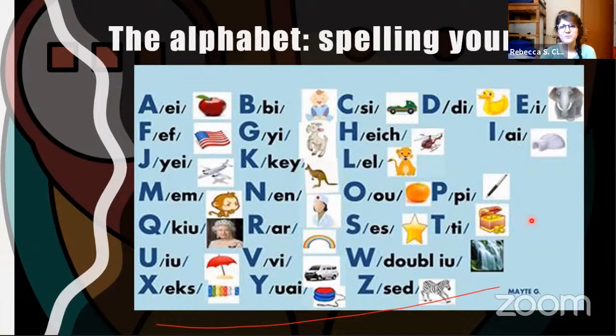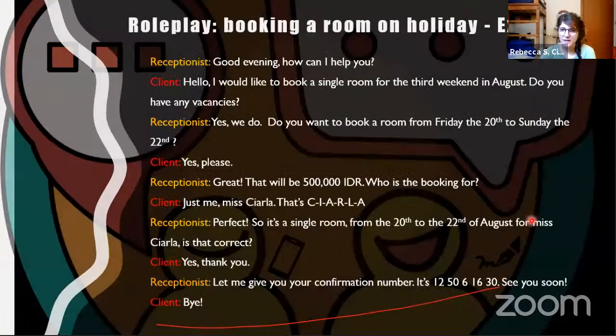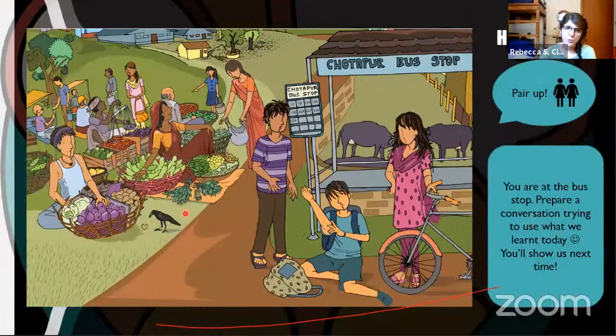Because I wanted to do a role play, but I don't know if we can. Maybe we can do also a small homework if you want. You and Laras or the others, if they're still participating, maybe you can prepare a small conversation, imagining that you're at the bus stop, waiting for the bus.